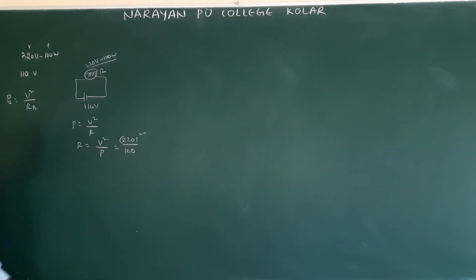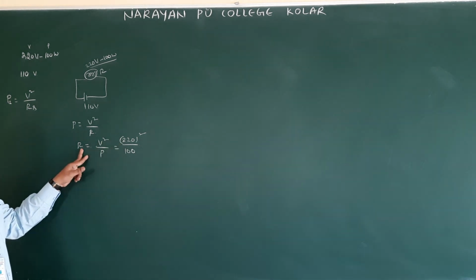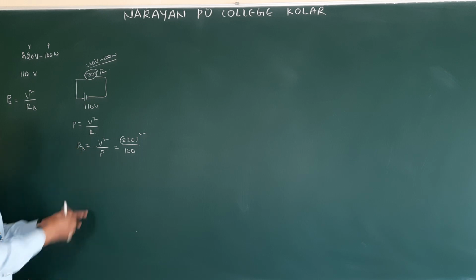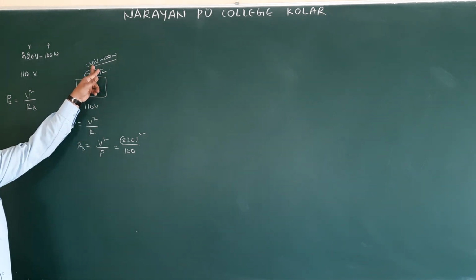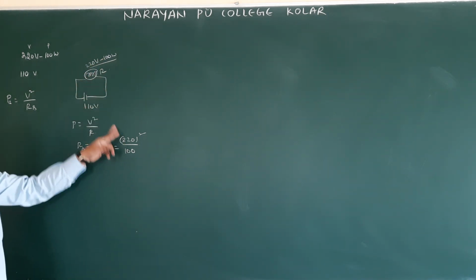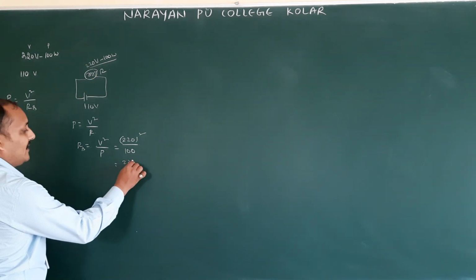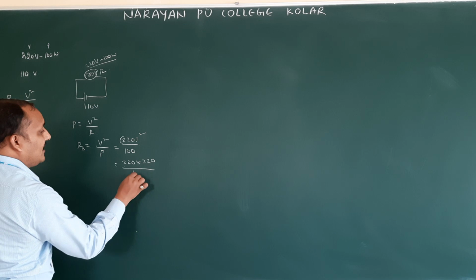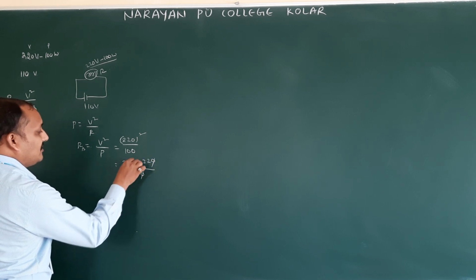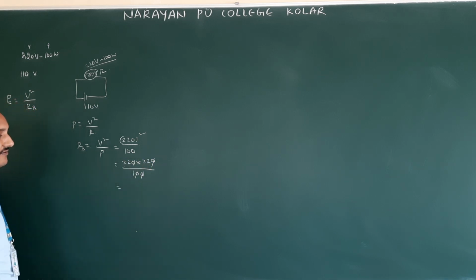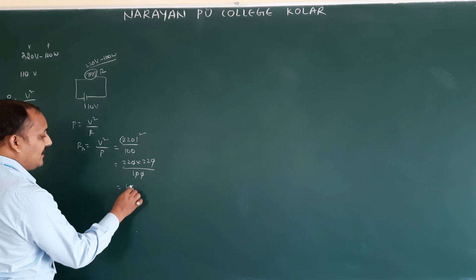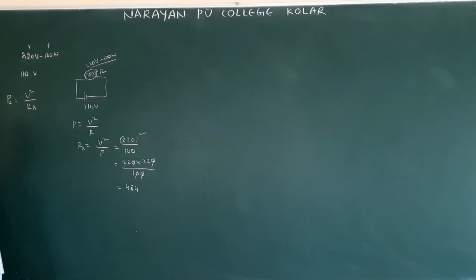So we are calculating the resistance of the bulb, using the rated power 100 and rated voltage. So 220 into 220 by 100. The zeros will be cancelled, so 22 times 22, almost you will be getting 484 ohms. This is the resistance of the bulb.